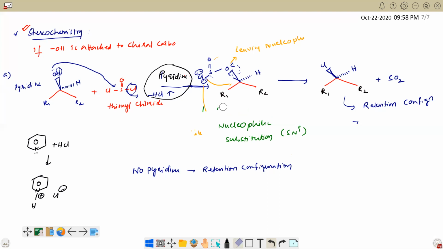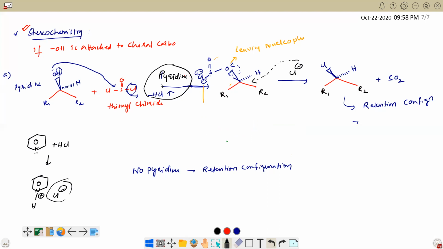Now this mechanism won't happen. Why? I tell you. Because here oxygen is the leaving group. This internal chlorine is the attacking group, right? But this Cl is there in the reaction. Now this Cl comes from the opposite side of the leaving group, not this Cl.